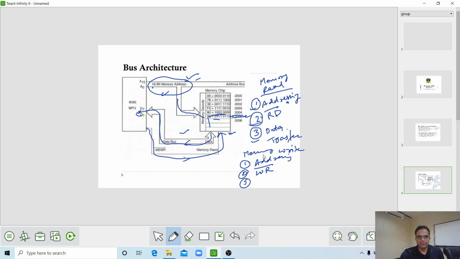The write signal will be issued by the microprocessor to the memory, and then the data transfer will take place. The only difference between memory read and memory write is the read and write signal. Accordingly, memory read and memory write will take place.